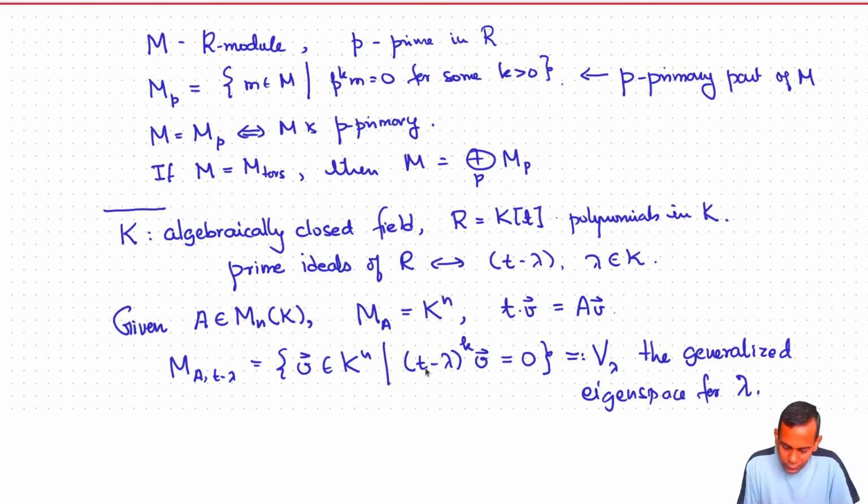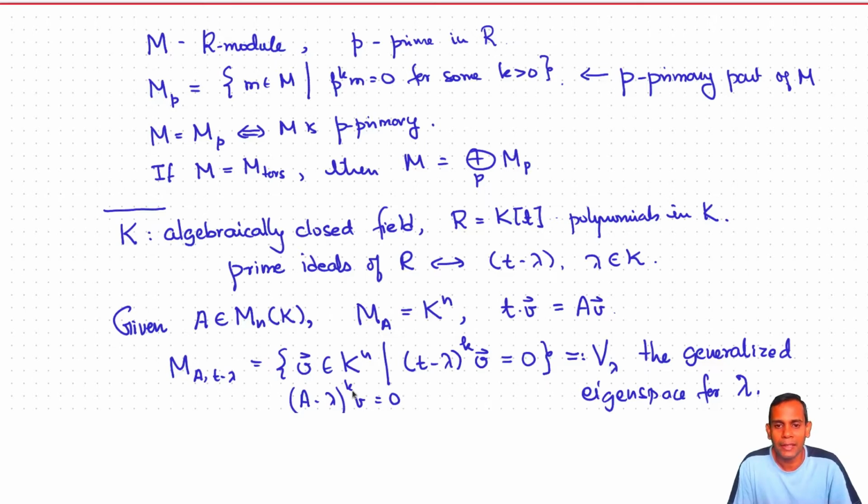So in particular, if we take k equals 1, then we're saying that (T minus lambda) times v is 0, which literally means that (A minus lambda) v is 0. So this is saying that A times v is lambda times v, which is the definition of v being an eigenvector.